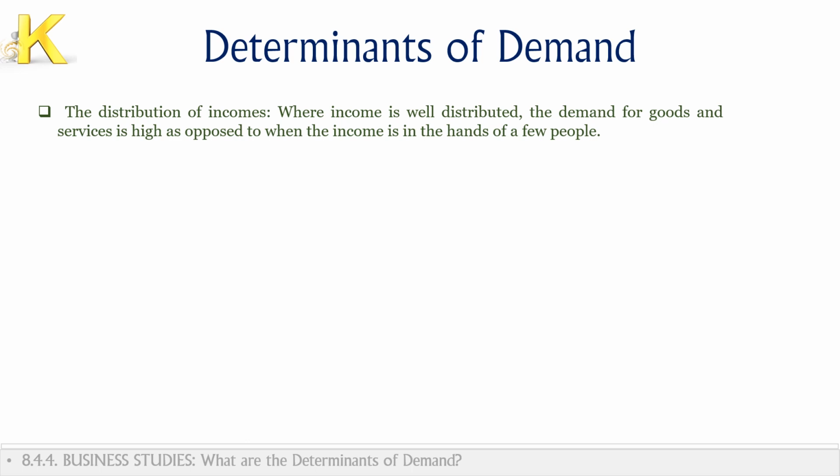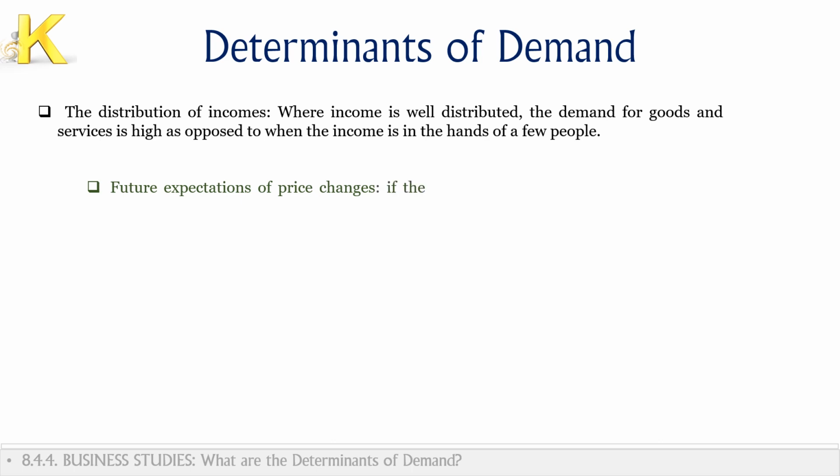Income distribution, simply put, is the distribution of wealth among the citizens of a given country. Where income is well distributed, the demand for goods and services is high, as opposed to when the income is in the hands of few citizens.